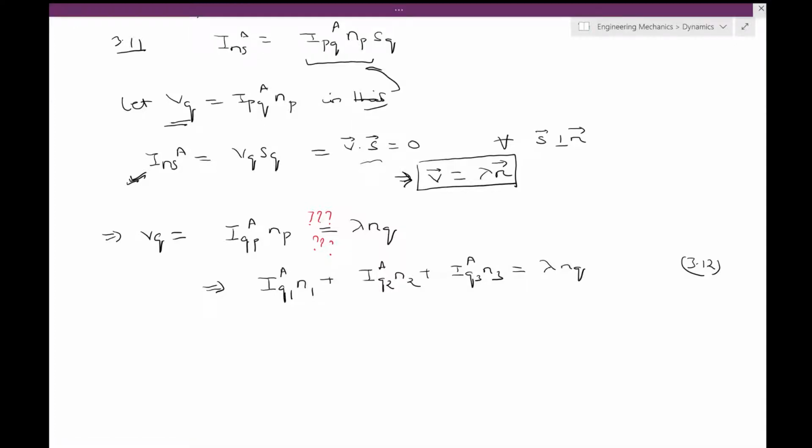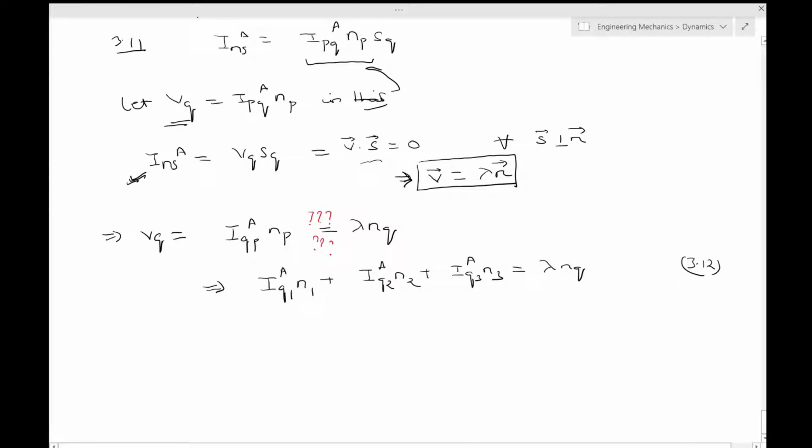Not very hard, but you should try to answer that. It's three equations, because q can take values from 1 to 3. So for q equal to 1, we will write I_11 n_1 plus I_12 n_2 plus I_13 n_3 equal to lambda n_1.